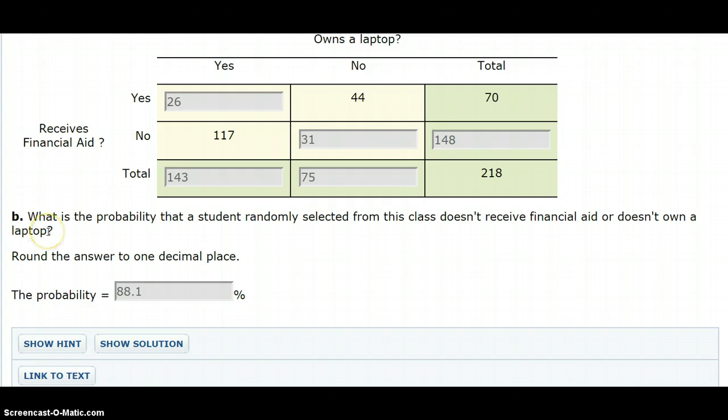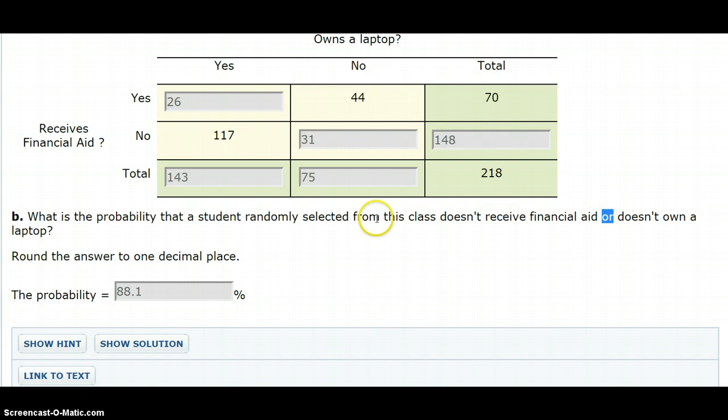Doesn't receive financial aid, or doesn't own a laptop. So this or is key here. In fact, it's huge. If we said and, we would have doesn't receive financial aid and doesn't own a laptop would be 31 students. If it had to be both of those, we'd have 31 over 218.